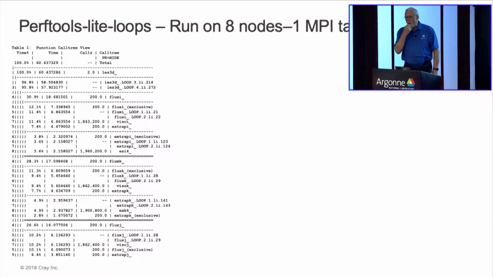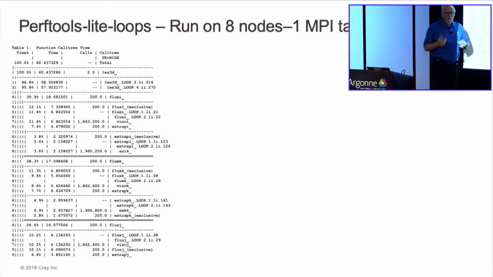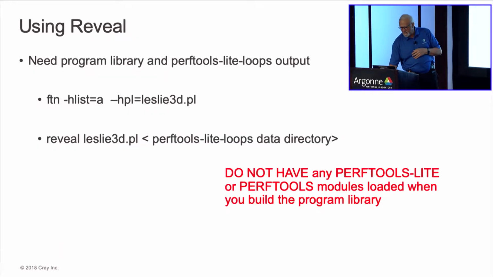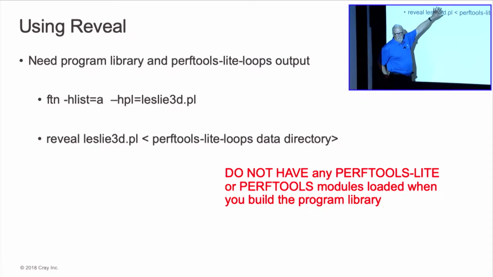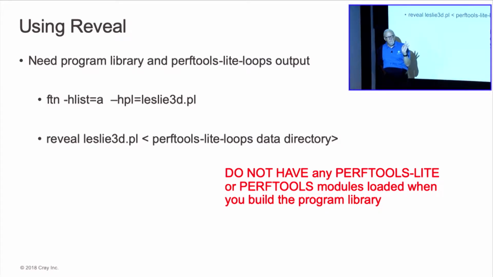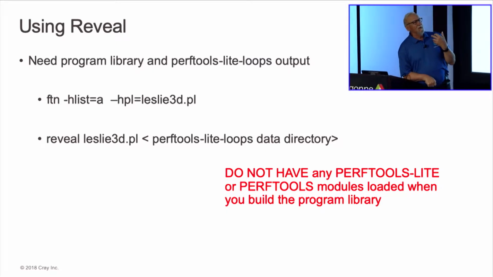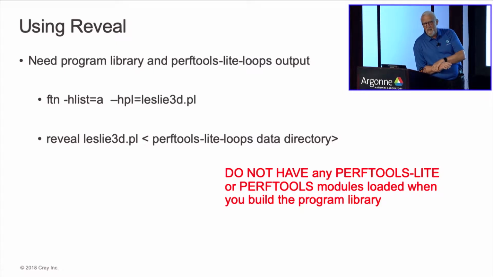All right. So there are 2 things that we need for Reveal. And I think I missed saying this. The first thing we need is a program library. What this is going to do is build a program library of your entire program. Now, this might take a little while. It might use a little bit of disk space, but it's very helpful.